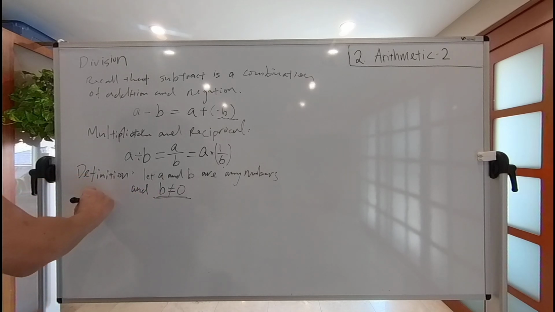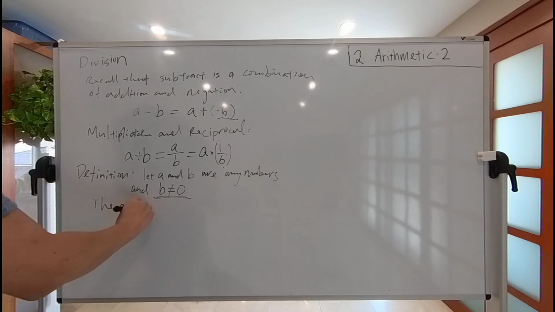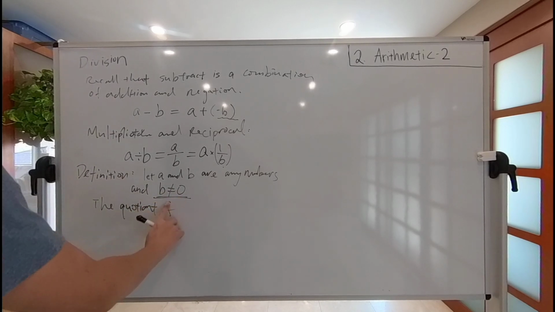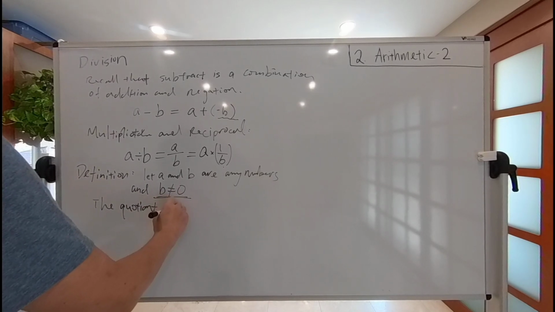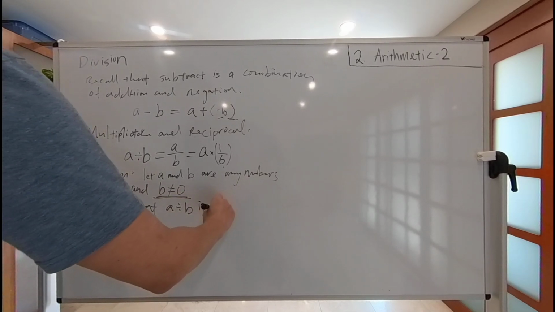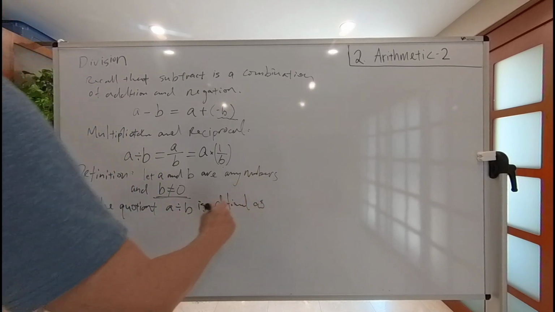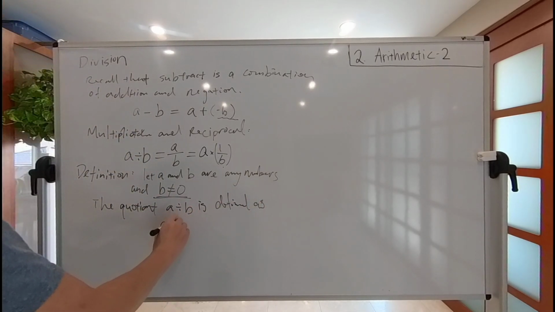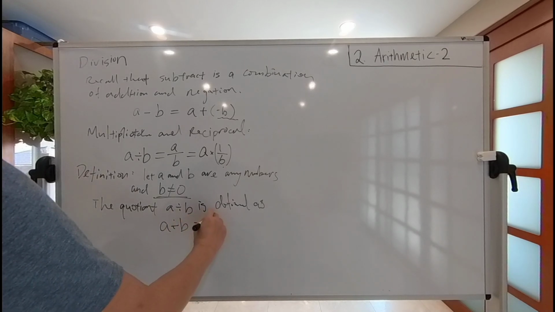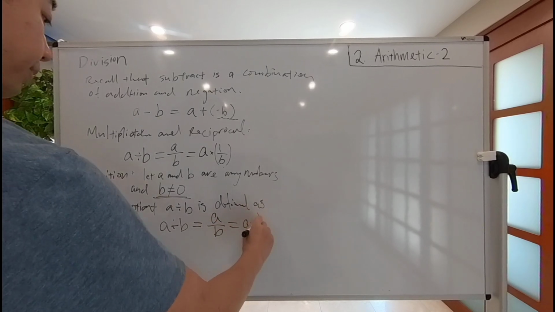Then the quotient a divided by b is defined as a divided by b, or a over b, or a times 1 over b.